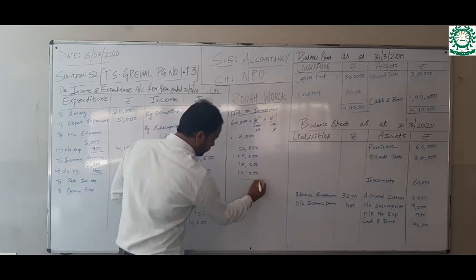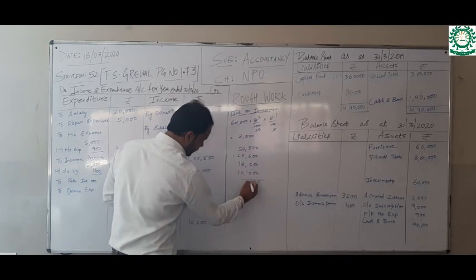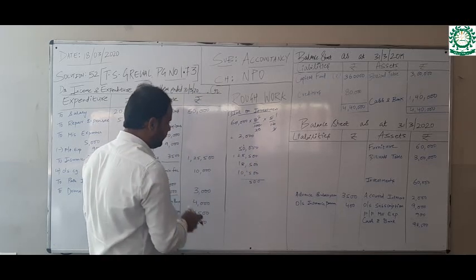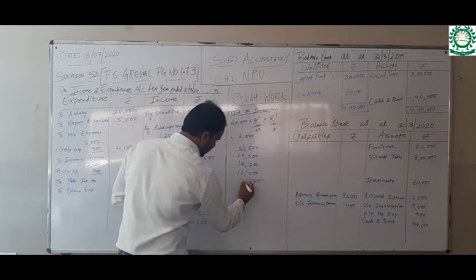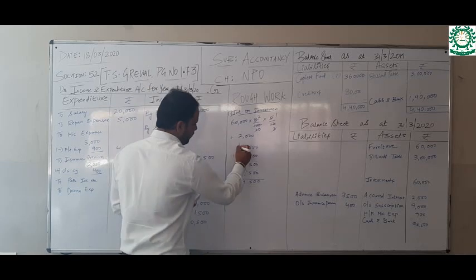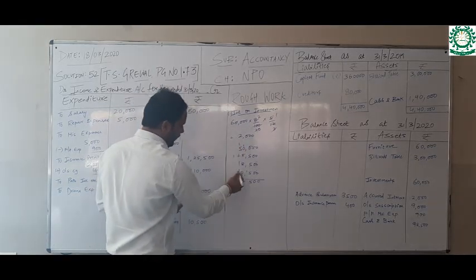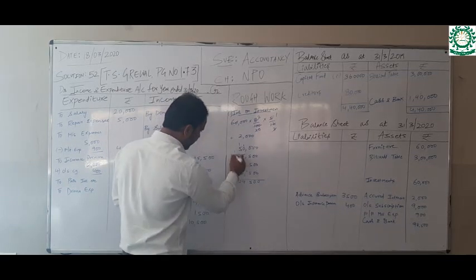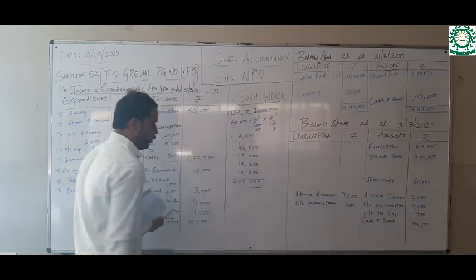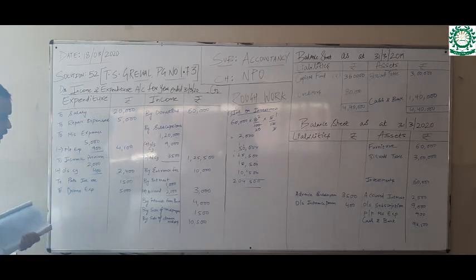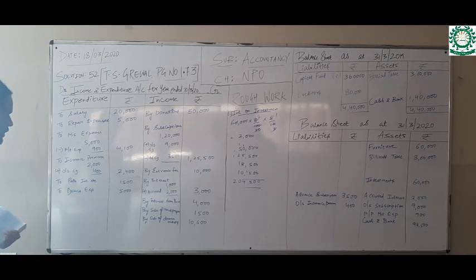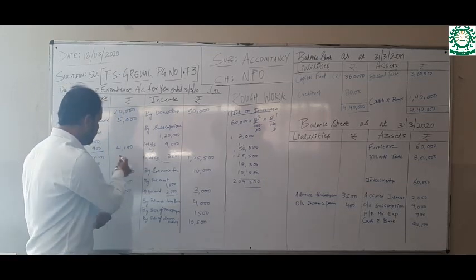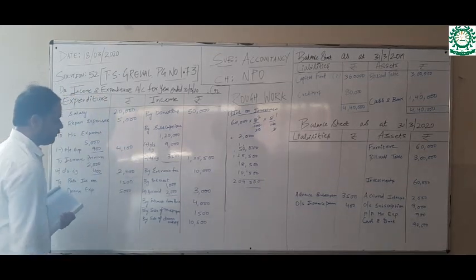Adding all, 15, so 1 carry. Again 8 and 6, that is 14, 1 carry. 6, 8, 18, 2, 10. 1 carry. So the total is 2,04,500.